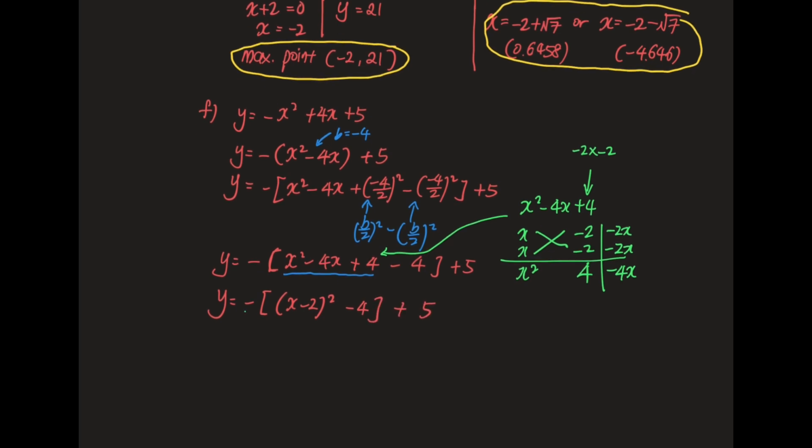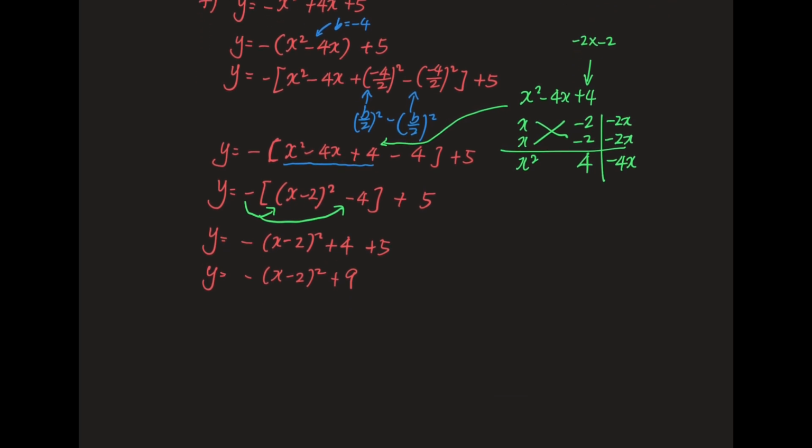The minus 4 we write back, then plus 5. Now we multiply the negative with this and with that, and we get minus x minus 2 squared plus 9. They change sign after you multiply with the negative.